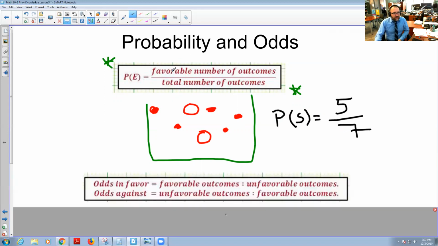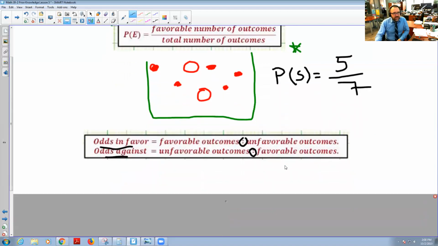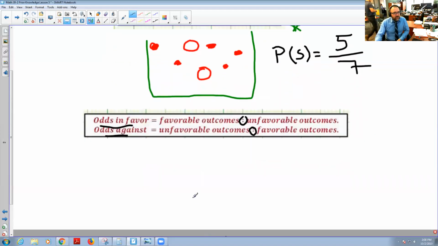Now, that's probability. Odds in favor and odds against are a little bit different. First of all, there's a colon between each of them. If you say odds in favor, it's favorable outcomes to, remember the ratio, unfavorable outcomes. So in that case, favorable outcomes of getting shaded would be 5.